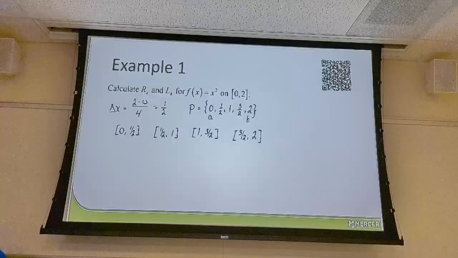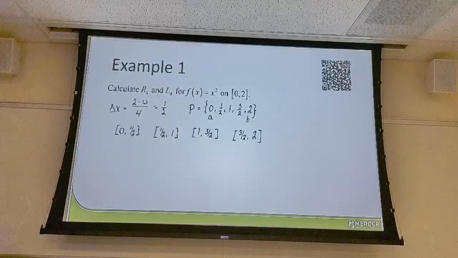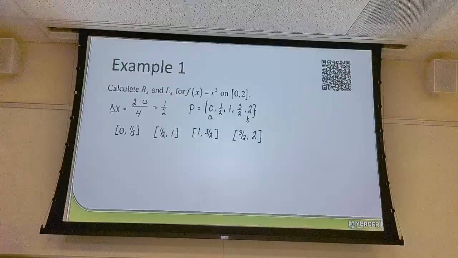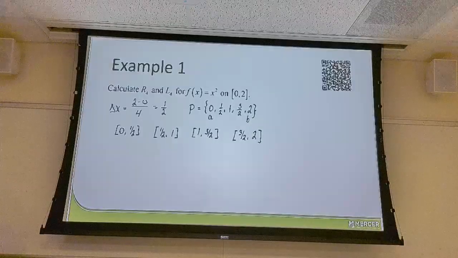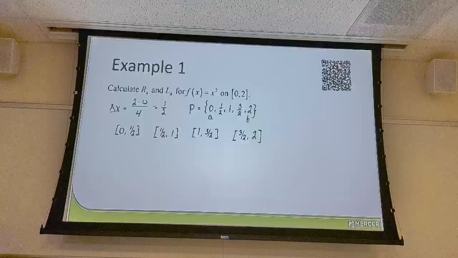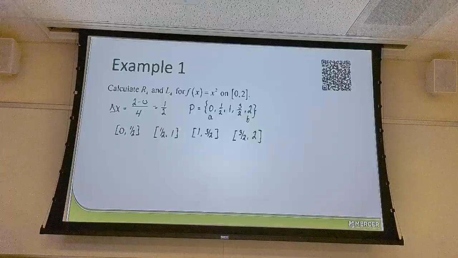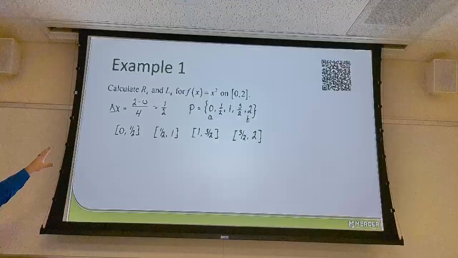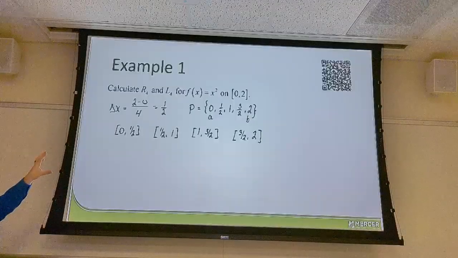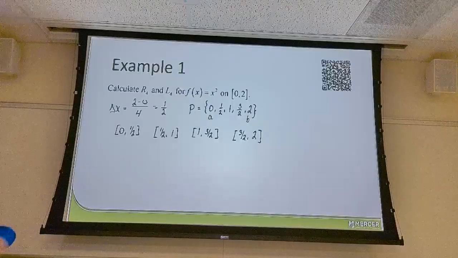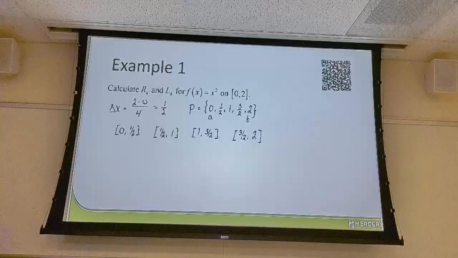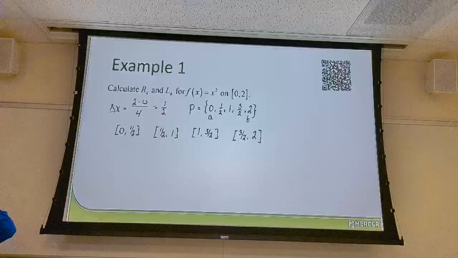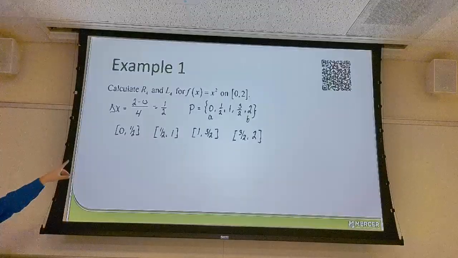Now, all of your middles, are they in ascending order? Yes, it is. This satisfies the requirements for a partition. That will be the same regardless of whether you're using right endpoint or left endpoint. The only way that changes is if you change the number of subintervals you want. So if I wanted R6 instead, that wouldn't be the same.